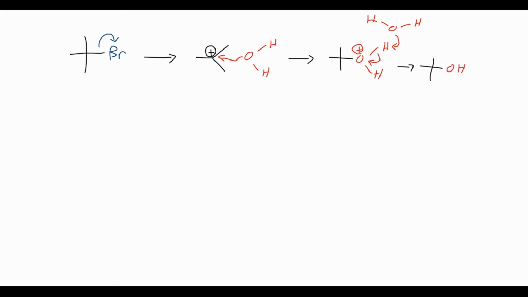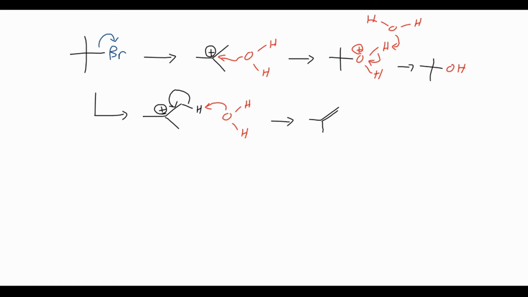But let's take a look at another thing that could also happen. So if we go back here to the first step, let's draw another arrow to generate that carbocation again. But this time, instead of attacking the carbocation and substituting the bromine, what could also happen is this water molecule can pull off one of these adjacent hydrogens to the carbocation, and then this bond to the hydrogen will swing over to form a double bond here, and then that water will come off, so we end up with this alkene here.